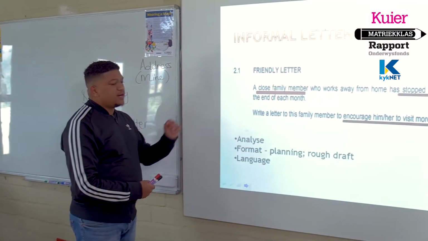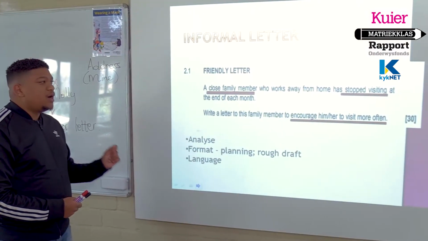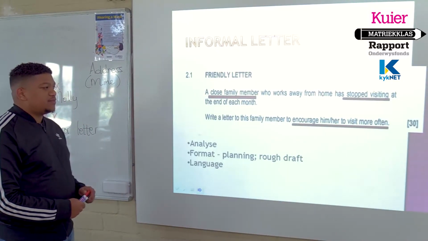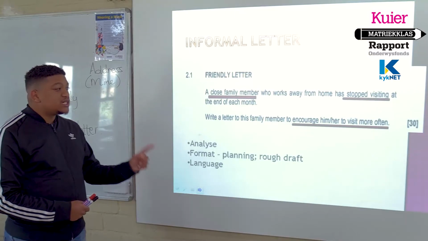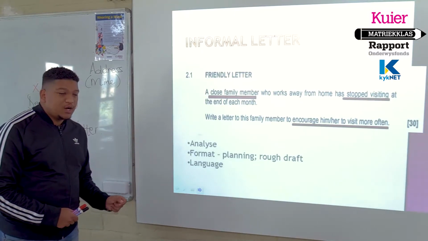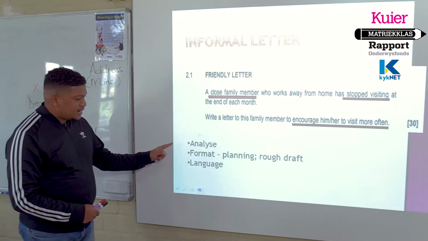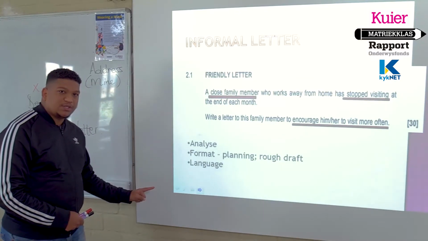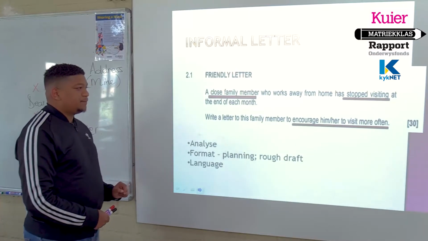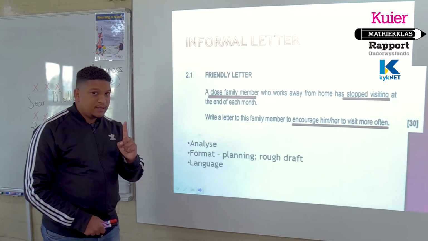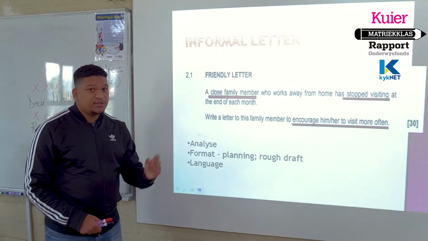So let us look quickly at a past topic in one of the papers. The topic reads as follows. A close family member who works away from home has stopped visiting at the end of each month. Write a letter to this family member to encourage him or her to visit more often. Now you will see here, I said analyze: format, language. So I'm going to note the following. My topic says a close family member. So this person must be very close to the family.